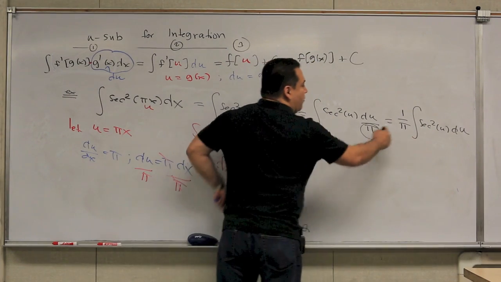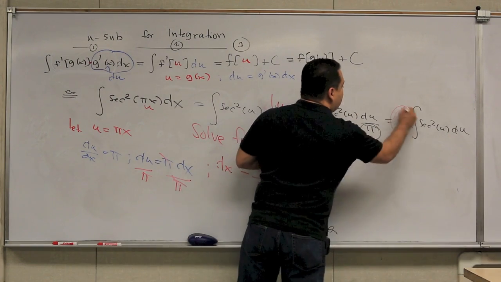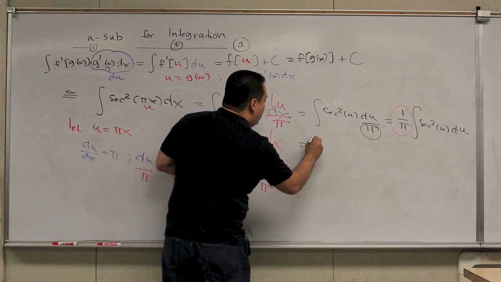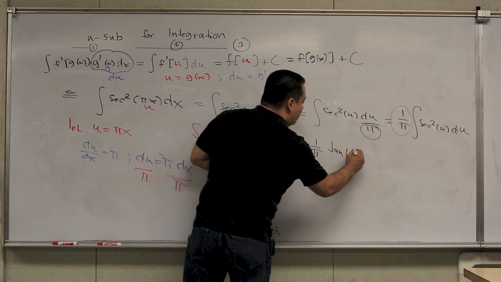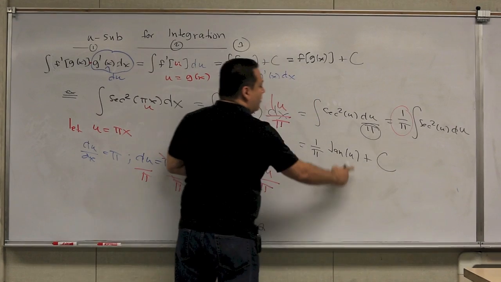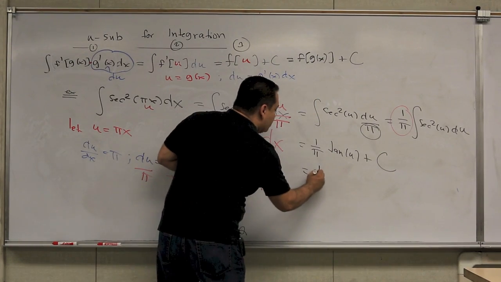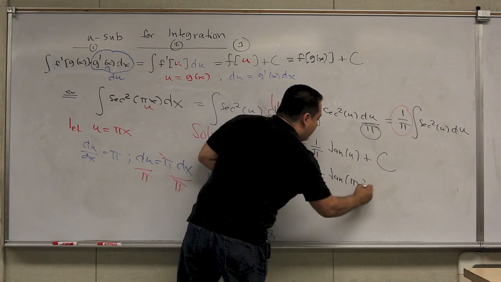Good, but don't forget the constant. So you're going to have 1 over pi tangent u plus your c, but what is u again? Pi x. So here is 1 over pi tangent of what? Pi x plus c.